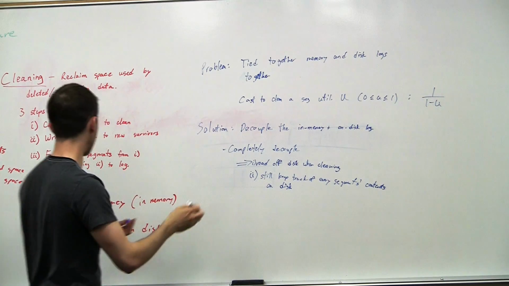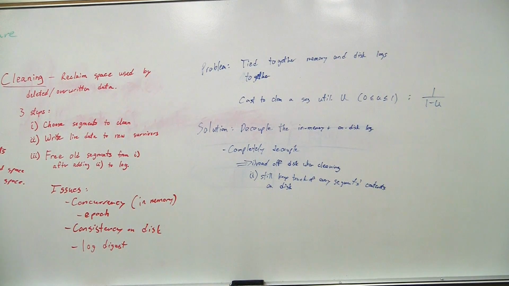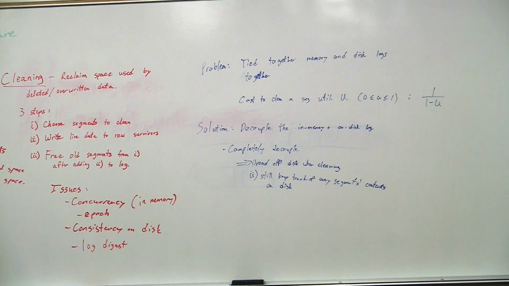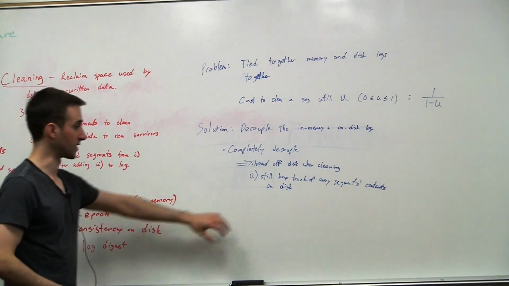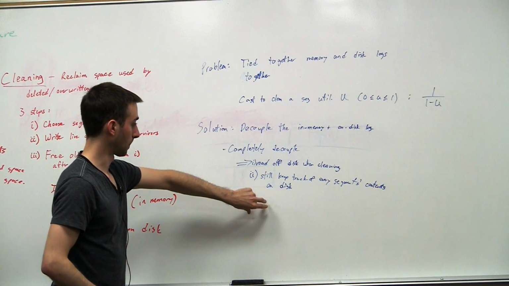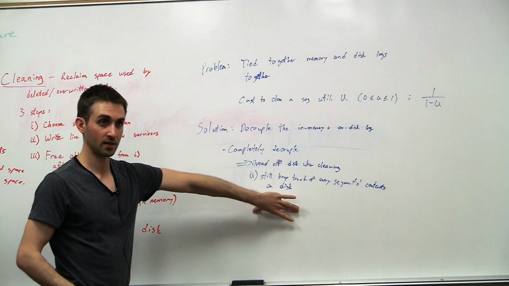If you know what objects are on which segments on disk, then you wouldn't have to pay the I/O cost of going to backups. But then you're paying some additional memory cost because you have to keep a list for every segment of what objects are contained in that segment.